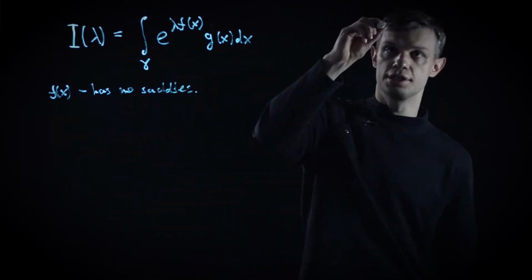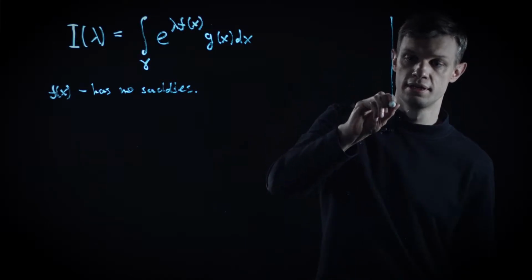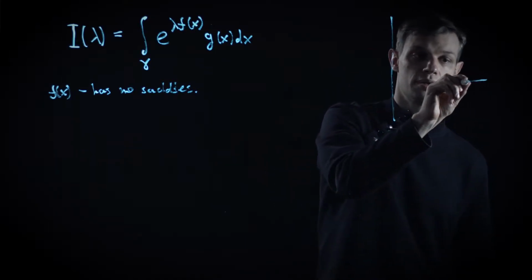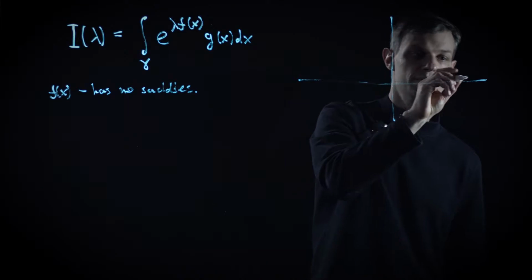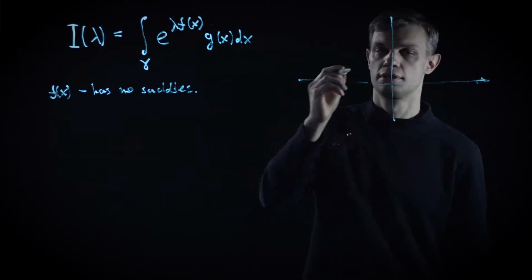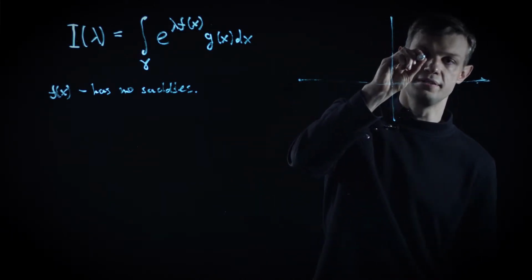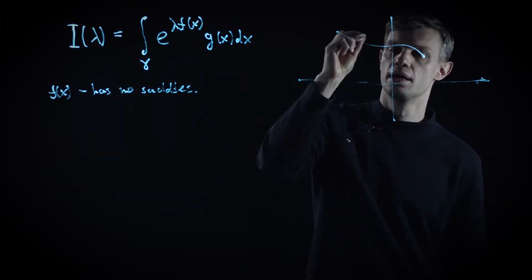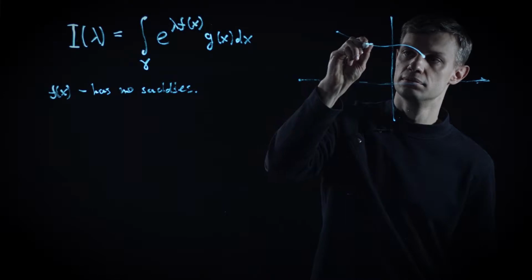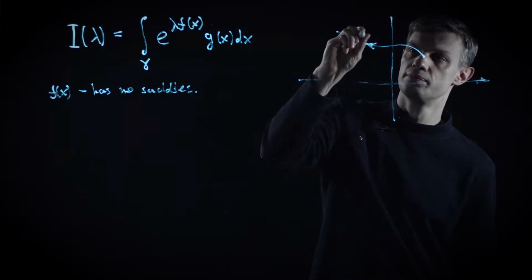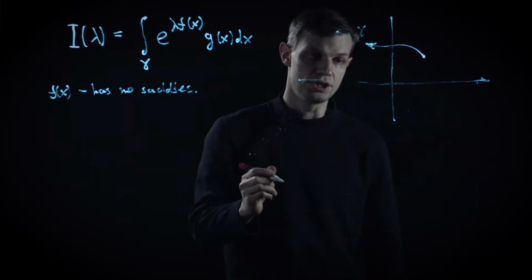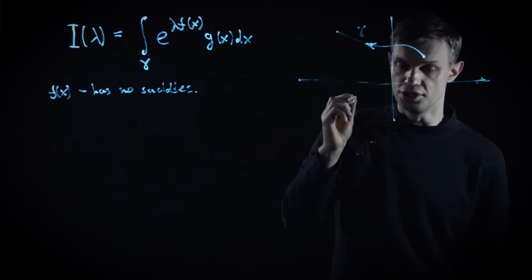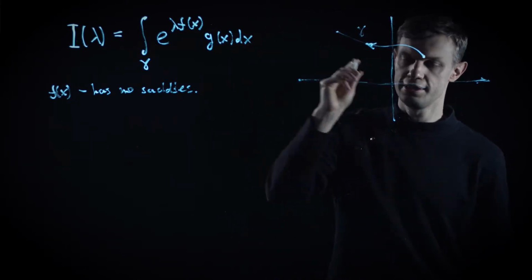The typical situation is when we deal with a contour which is semi-infinite. This is one possible, quite typical situation, a Hankel type contour.